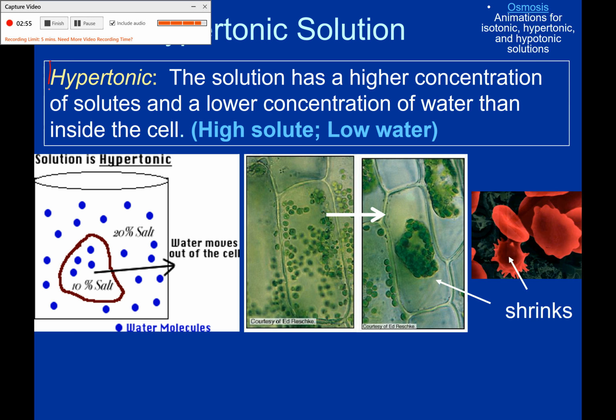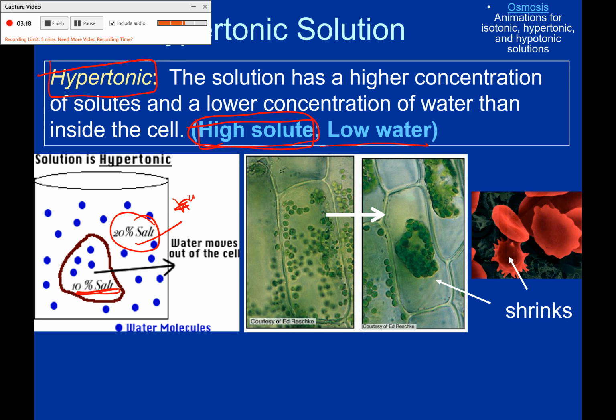Now, if you're in a hyperconcentration or hypertonic, that means you have a high solute, low water. So that means that you have a high concentration of sugar or whatever out here. So here you have a 20% salt solution, so that's high concentration of salt, right? And then here, it's a low concentration of salt.